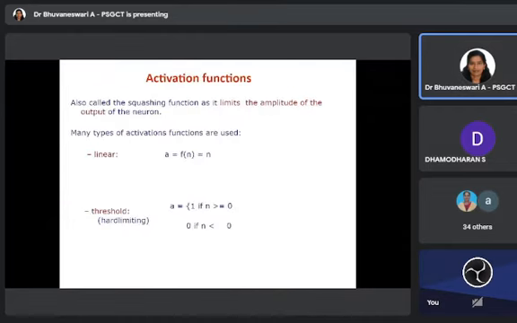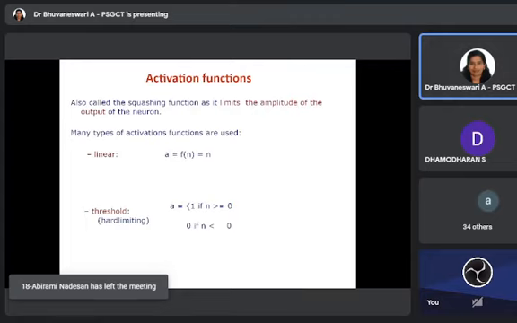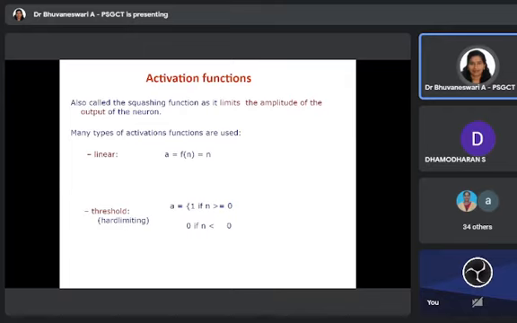There are many activation functions. So what is an activation function? It's also called the squashing function, which limits the amplitude of the output. It just tunes the output. It verifies the output generated from the input set, tunes it, optimizes it, and then generates the output.